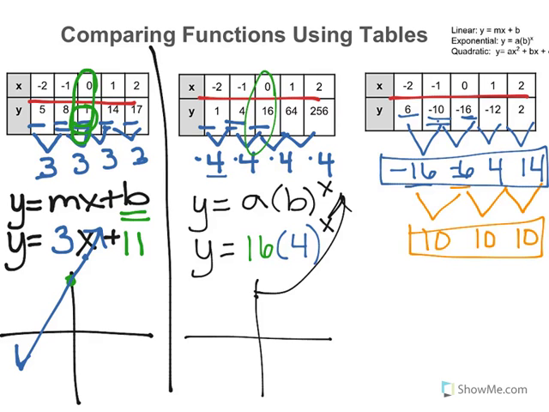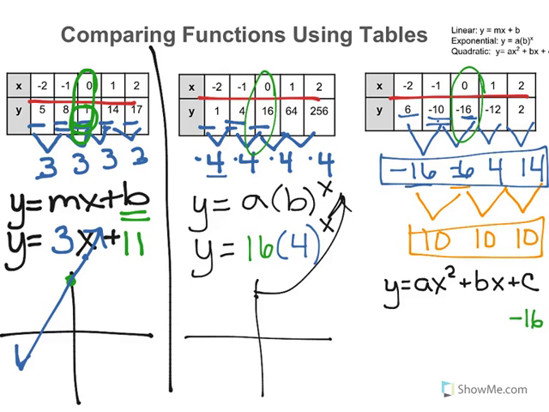And I know that the formula for a quadratic is y equals ax squared plus bx plus c. Now, the first thing I know is that my c value is my y-intercept, which is where x is 0, so that means my c value is -16.